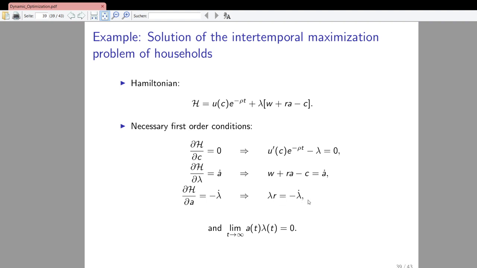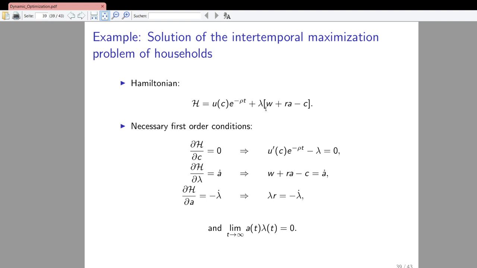So that means as assets accumulate, the shadow value of these assets at the optimum should decrease at the same rate as the interest rate. And that makes sense, because otherwise, if assets accumulate faster, the shadow value would decrease faster than the interest rate, which would then not be optimal.